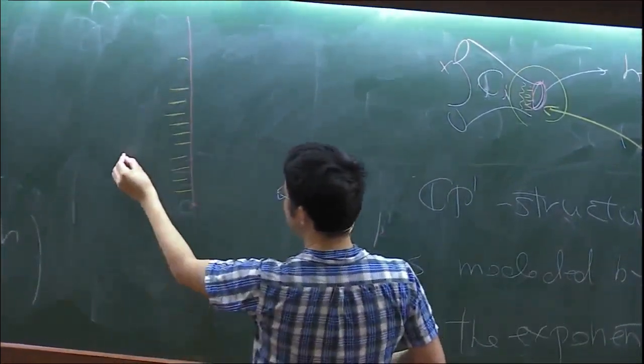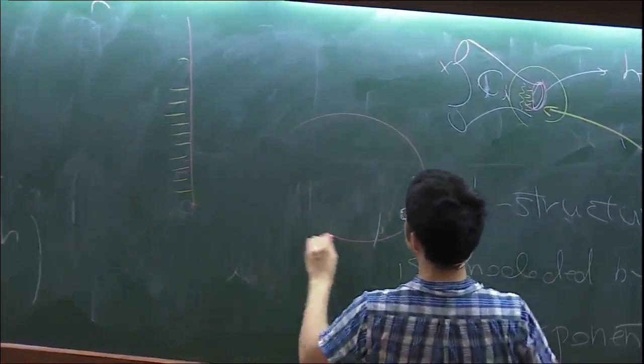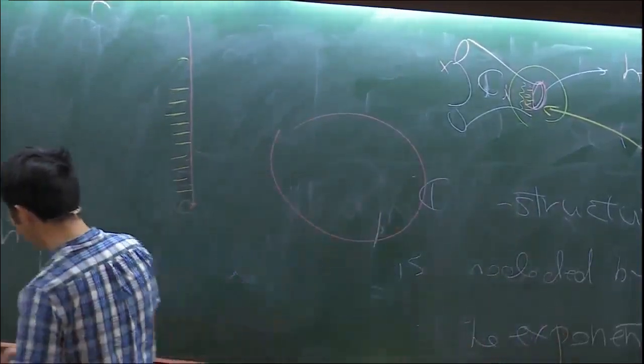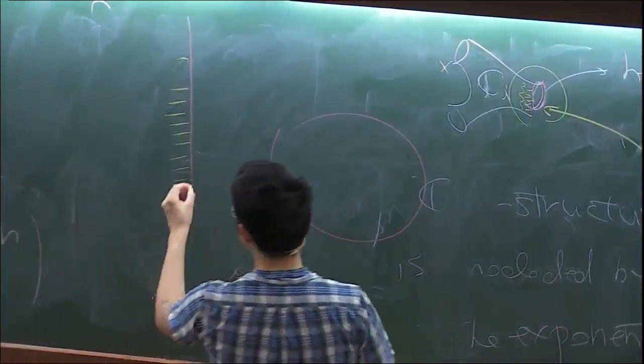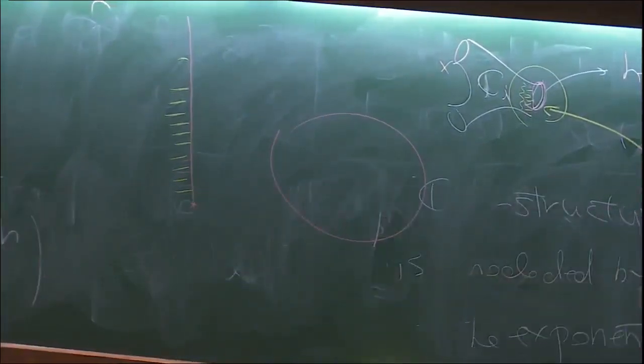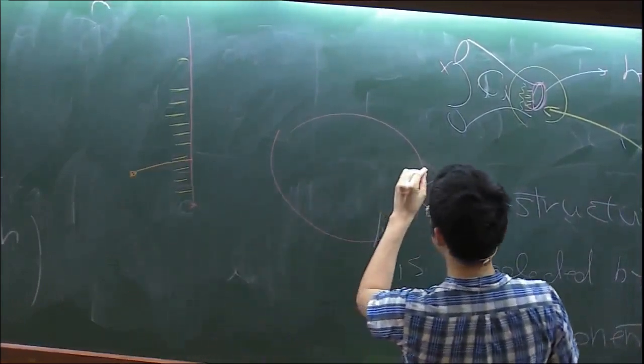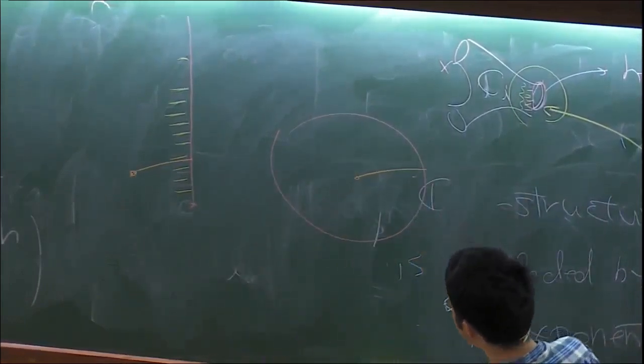You can add a disk. You take another disk, and then you cut and paste on an arc. It's a little close to the bubbling construction which Stefano talked about. So maybe I can cut here, an arc, and then you cut here, right?